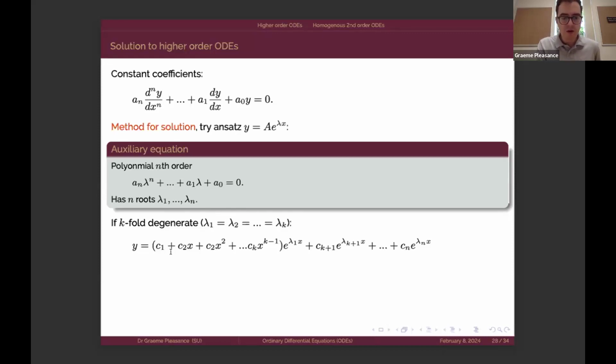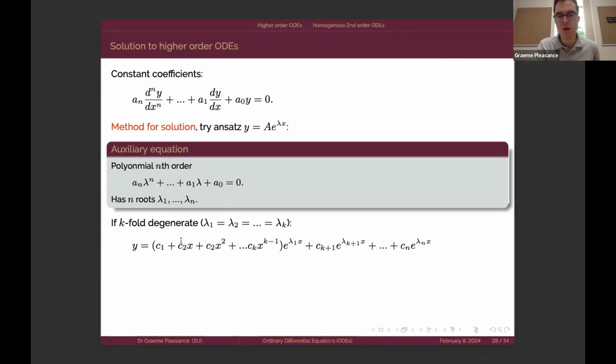In this case, we have to modify our solution in the following way. We have to include an x dependence for each of the roots in this equation.